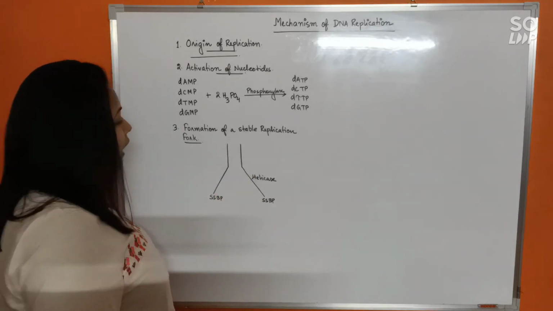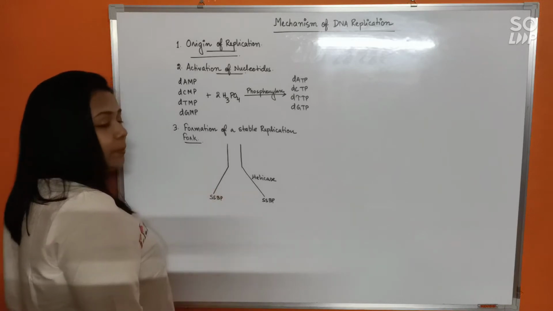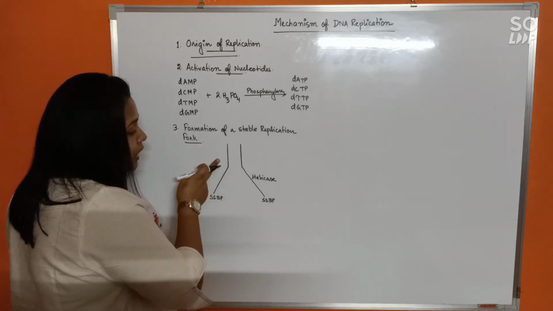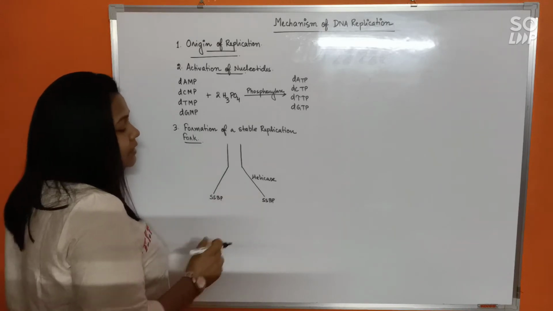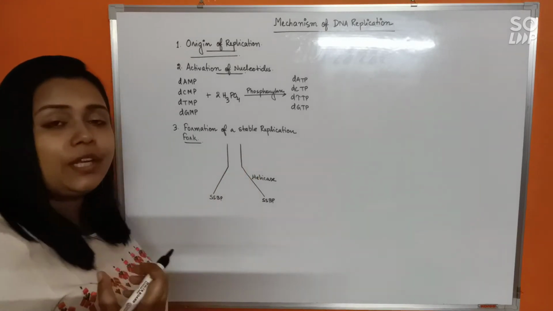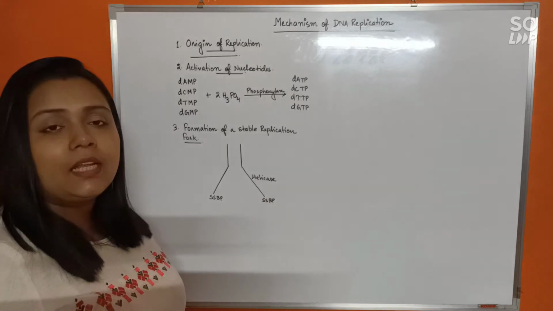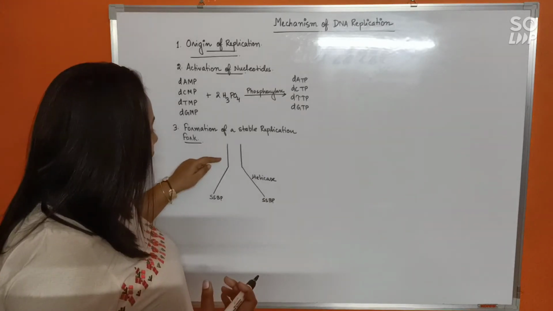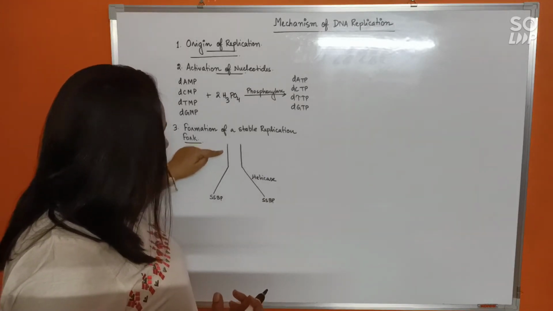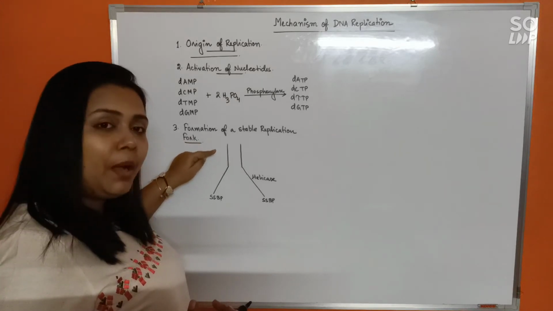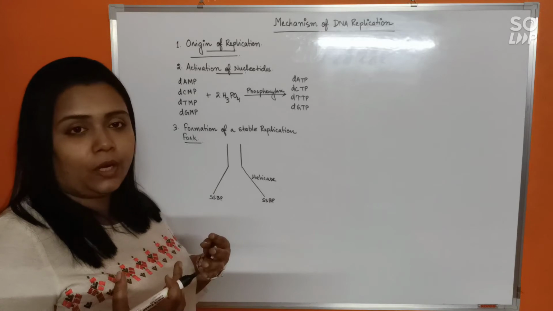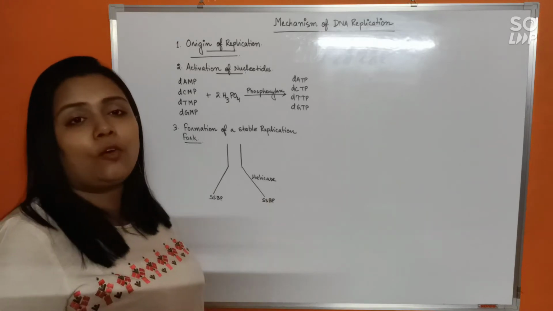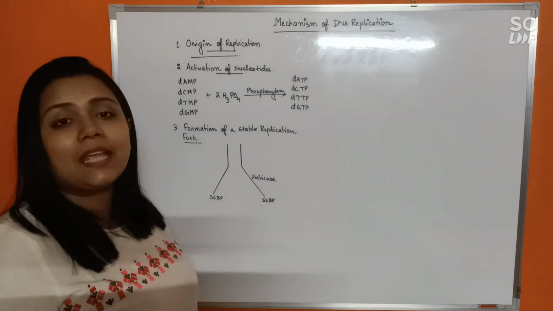Now, due to the formation of replication fork, in the opposite end of the replication fork, due to unwinding of the helix, some kind of stress or tension would begin. This tension would create supercoiling in this portion of the DNA. That might make the DNA too much supercoiled, and further opening of the DNA helix might get hindered.